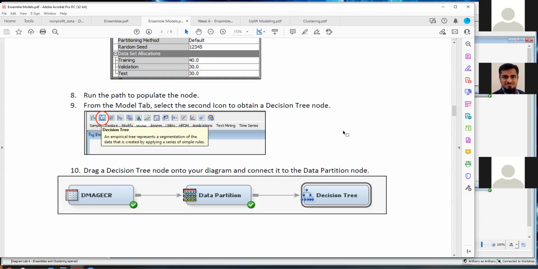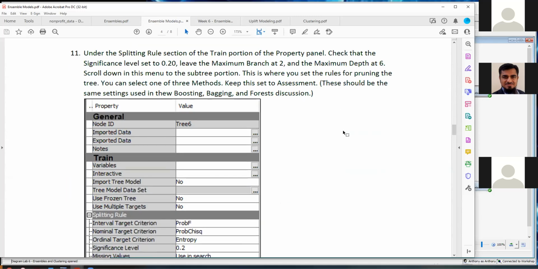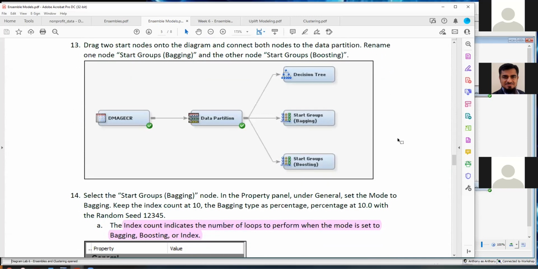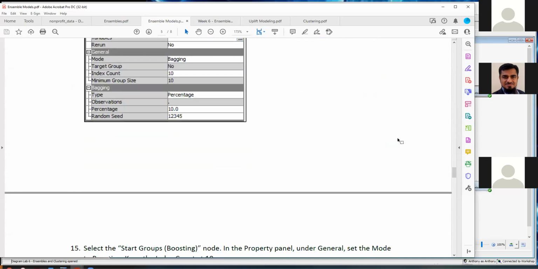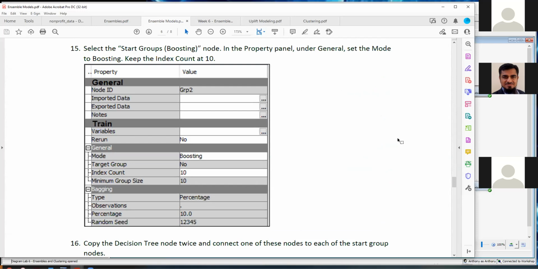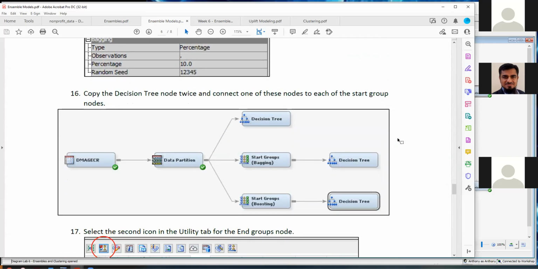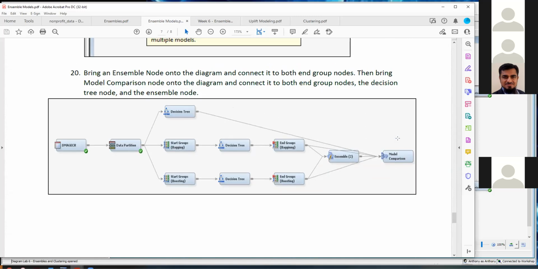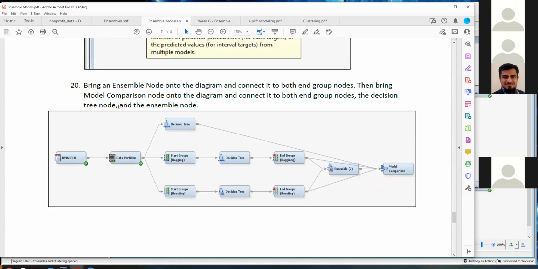Data partition, decision trees. Okay. And the selection table should be test. Yes.